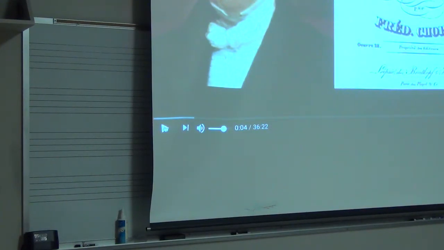Some of the preludes are quite technical for pianists. Others, like the one that we have for our assignment, is really quite simple, and there are several simple ones in the preludes.